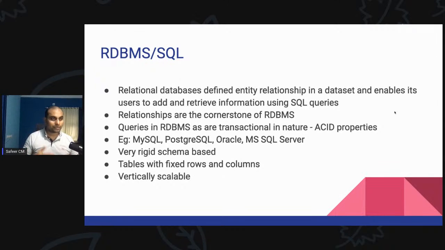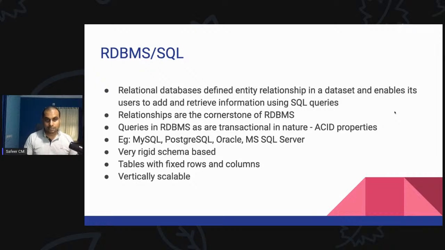If you might have learned about ACID properties, that is again very fundamental to RDBMS. Some example software are MySQL, PostgreSQL, Oracle, MS SQL, things like that. RDBMS has a very rigid schema. What is schema? Schema talks about what data type you have for a particular table, what the conditions are, what the relationships are. All these things come into the picture in a schema. And the schema in RDBMS is not flexible.